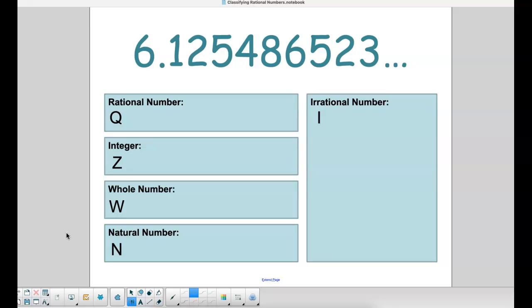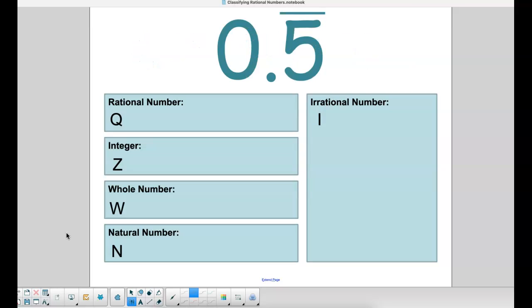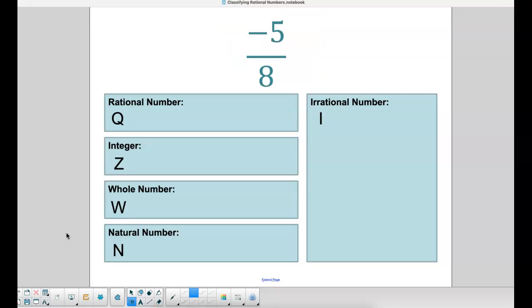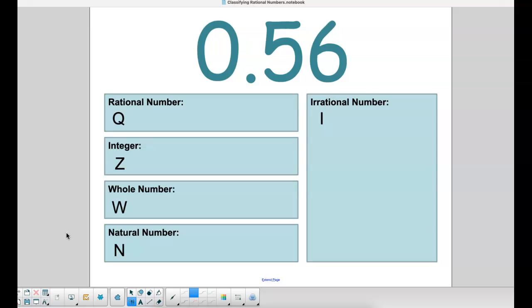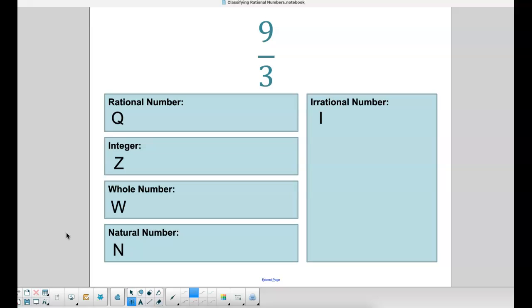Okay, next one. 0.5 repeating. Okay, the next one. -5/8. 0.56. 9/3.